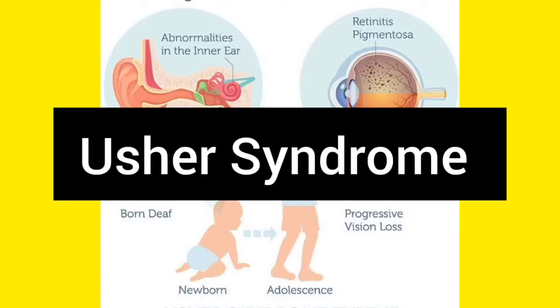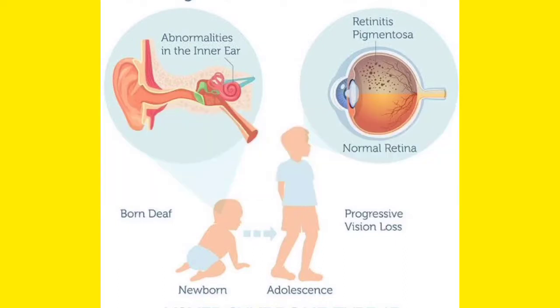Usher syndrome is very important for NEET PG, FMGE, and also MRCP examination. Basically, in Usher syndrome, two types of sense organ are affected. Number one is ear and number two is eye.